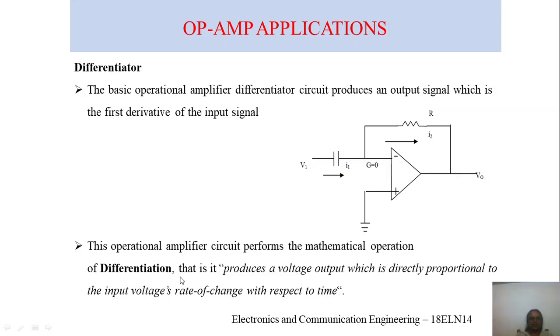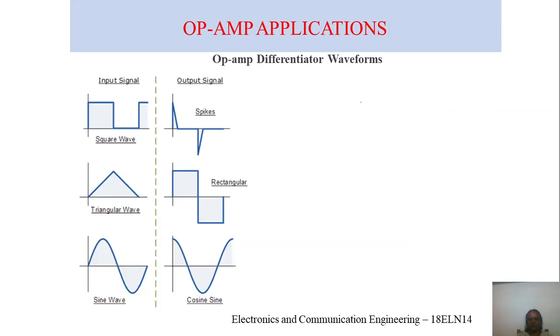This concept is called differentiation. The operational amplifier circuit which performs differentiation, a mathematical operation, using electronic circuitry, producing an output signal which is the first derivative of the input signal, is called a differentiator.